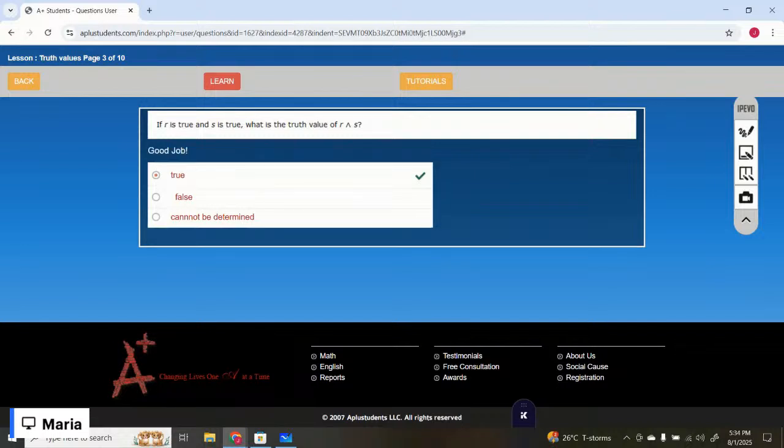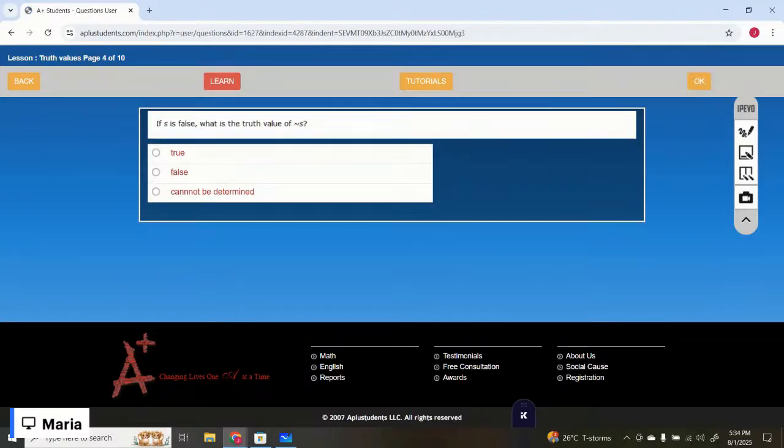Option number one is the correct option. If S is false, what is the truth value of negation of S?